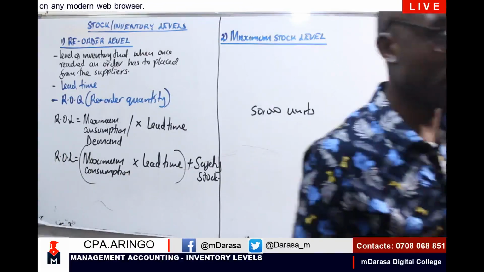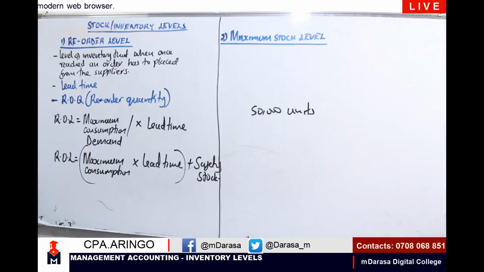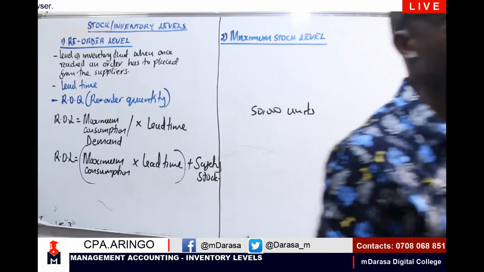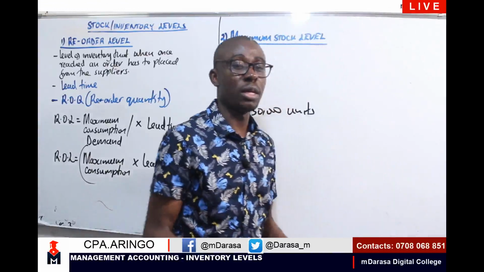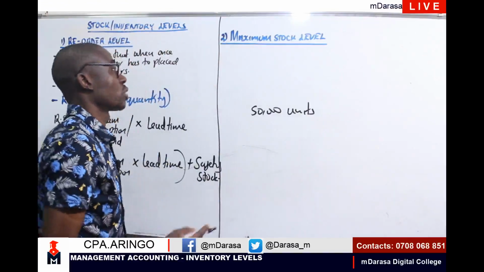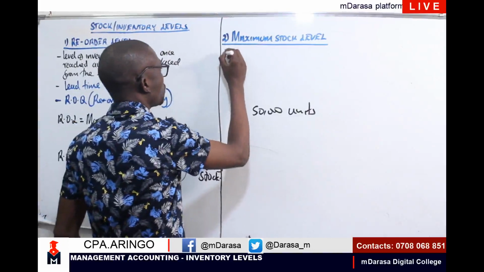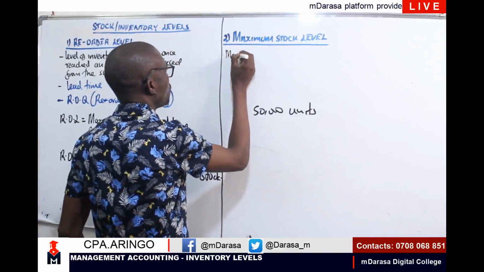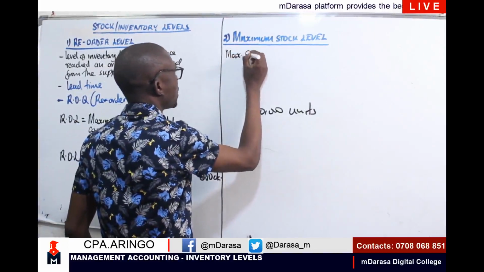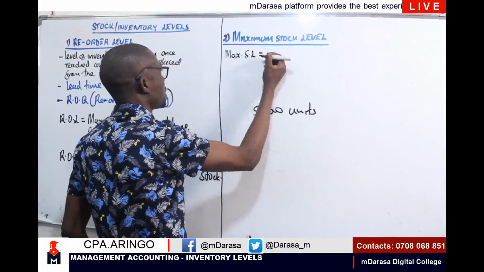Now, understanding a maximum stock level, it will be very key for us to ask ourselves this question: how will we determine our maximum stock level? Let me use Max SL, maximum stock level.